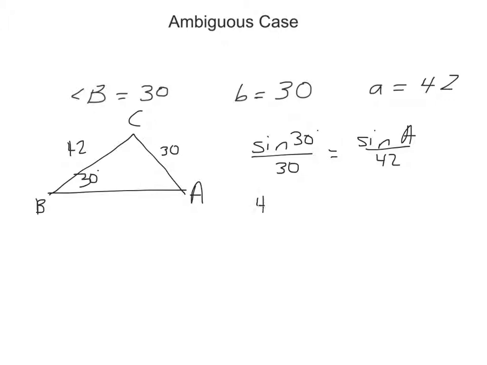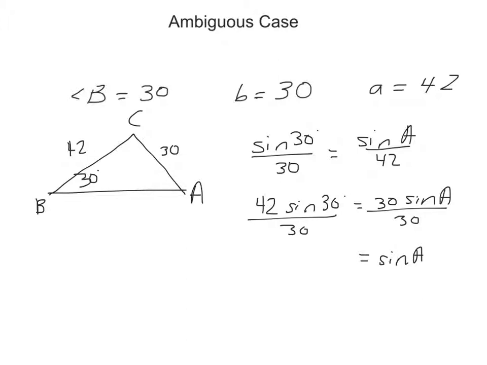We cross multiply, 42 sine of 30 is equal to 30 sine of A. Divide by 30, we end up with sine of A is equal to 0.7. We'll do an inverse sine of 0.7. That's going to find out for us angle A. And our calculator gives us that quadrant 1 angle of 44.4 degrees.